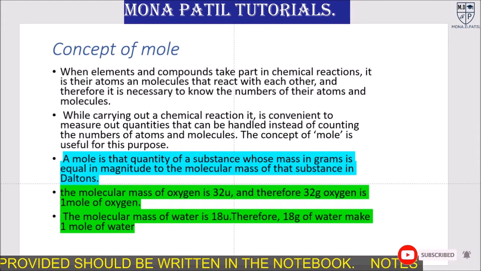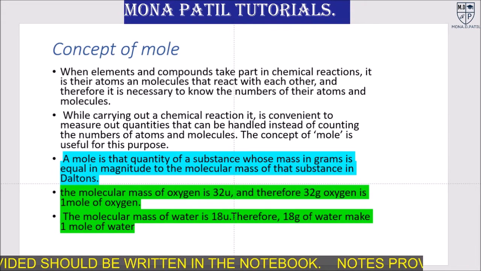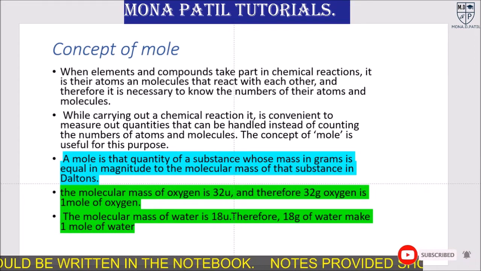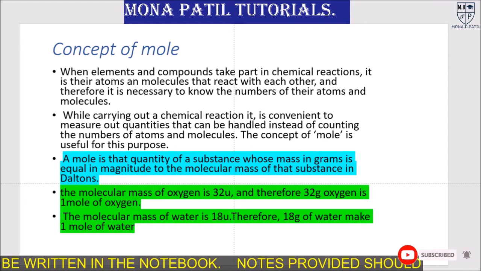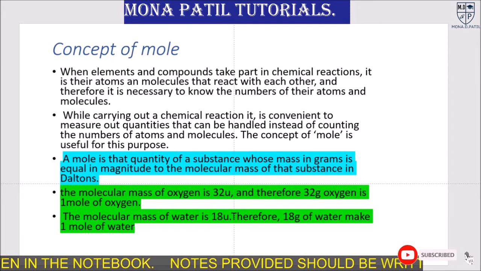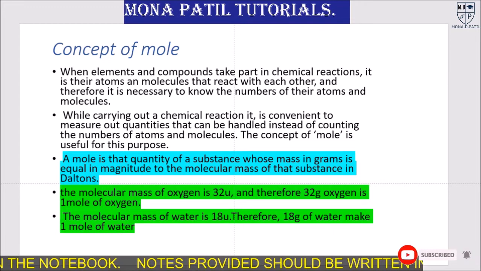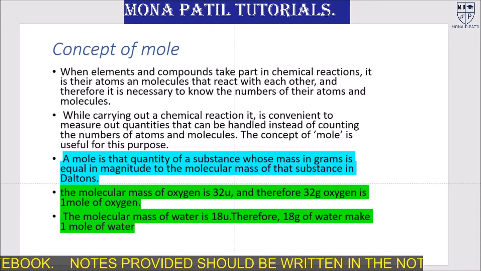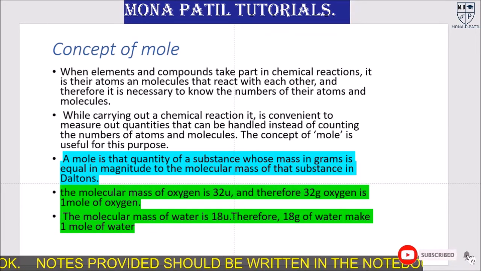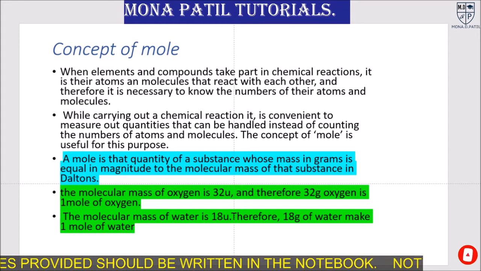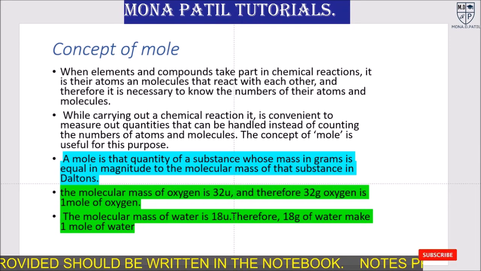Concept of mole. When elements and compounds take part in a chemical reaction, it is their atoms and molecules that react with each other, and therefore it is necessary to know the number of their atoms and molecules. So while carrying out a chemical reaction, it is convenient to measure out a quantity that can be handled instead of counting the number of atoms and molecules.